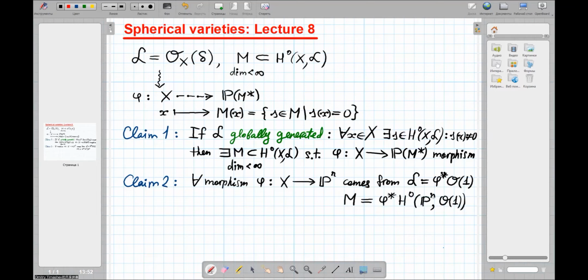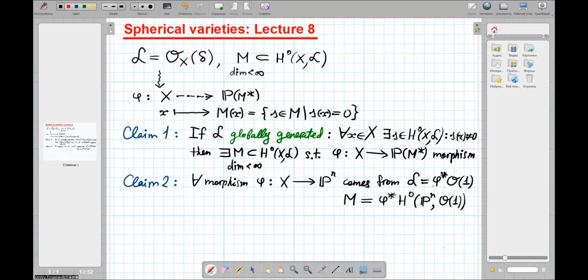This space of sections is just the space of all linear forms in projective coordinates on P^n. These are the sections of this line bundle O(1). Okay?